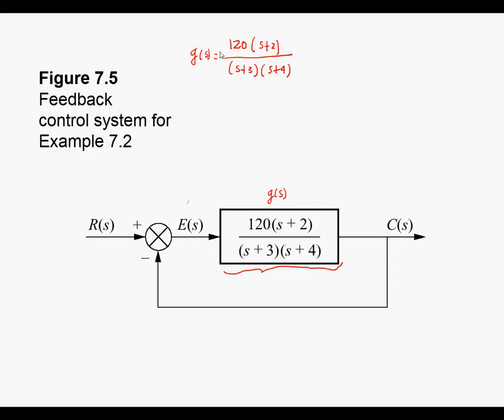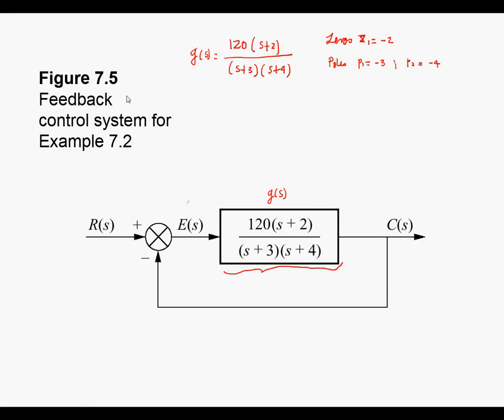When you have it in factors form in here, you know that the zero is at minus 2, right? And the poles, let's say P1 is minus 3, and then P sub 2 would be at minus 4, right?